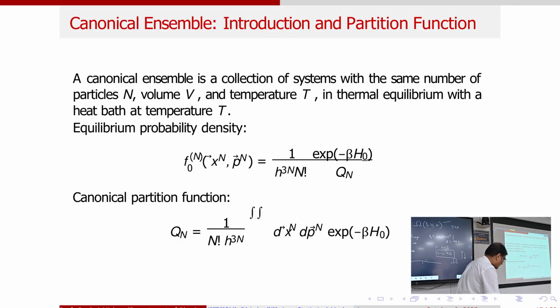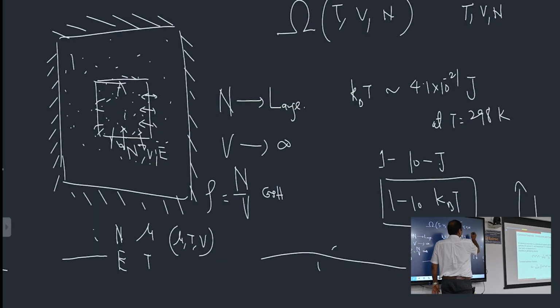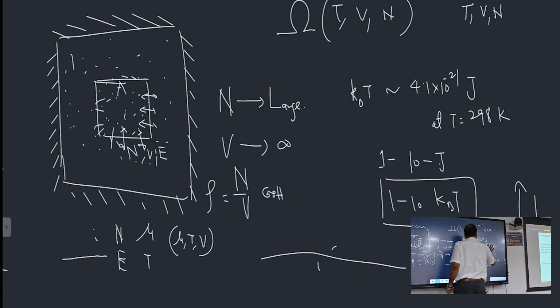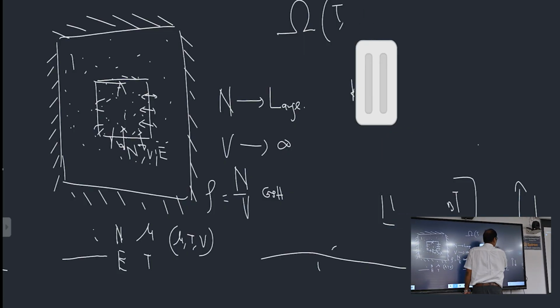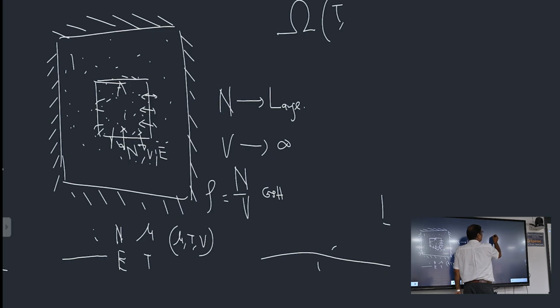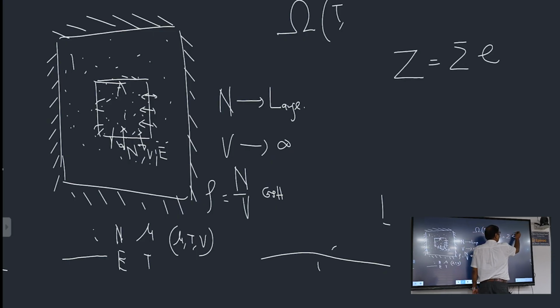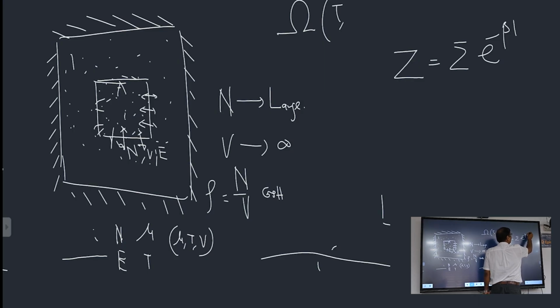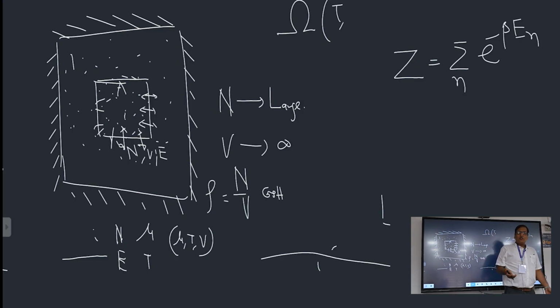Okay, the partition function is simply defined, in the case of the canonical ensemble, as Z is equal to the summation of exponential minus beta E_n. What is exponential minus beta E_n?